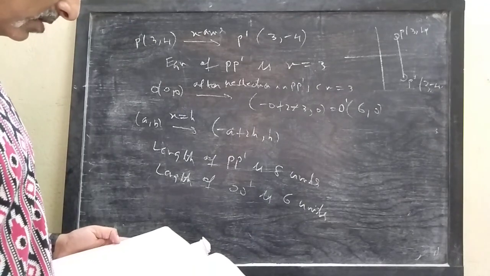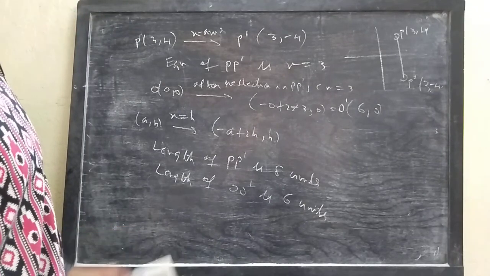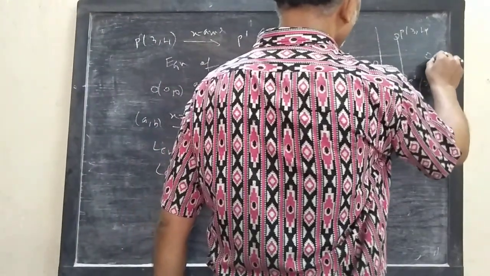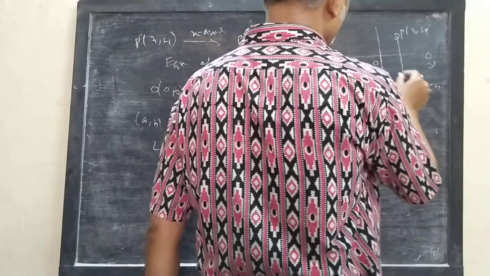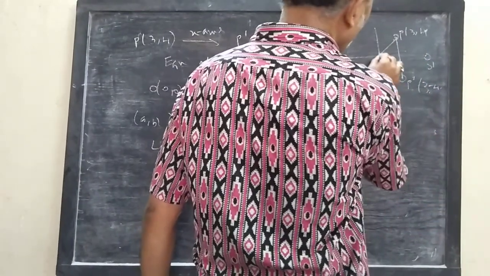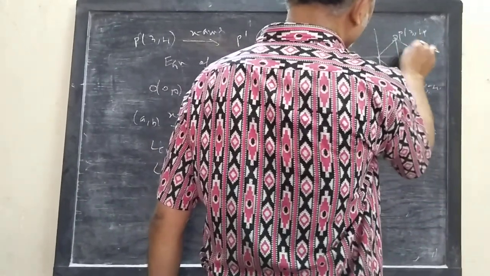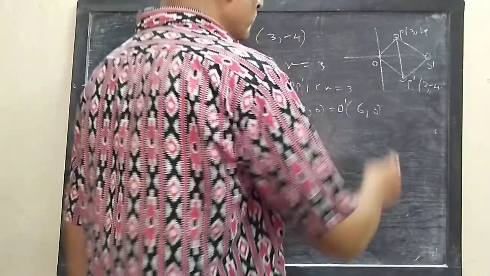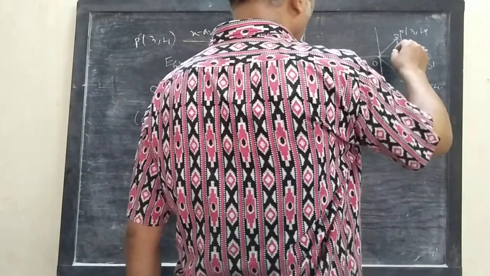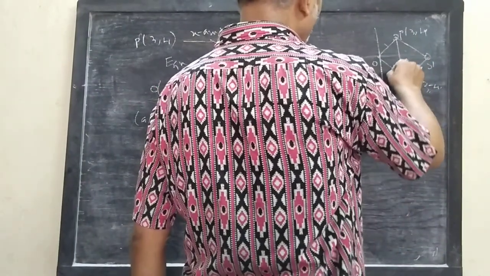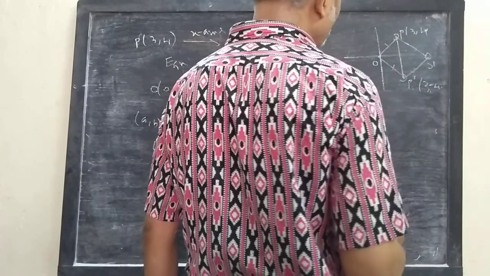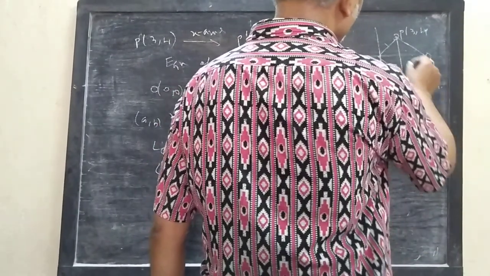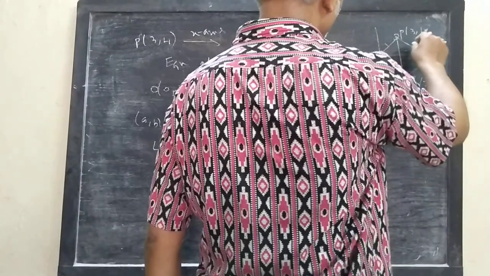The perimeter of the quadrilateral POP'O'. P, O, P', O'. We are asked to find this perimeter. Now look, OP will be equal to OP'. Next, this is (6, 0). So this distance is 3, this is 4.